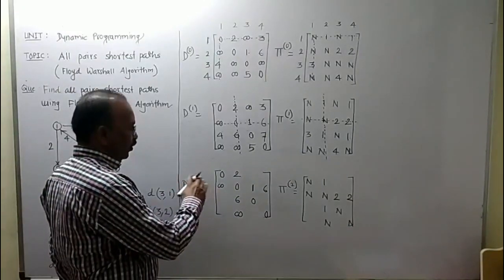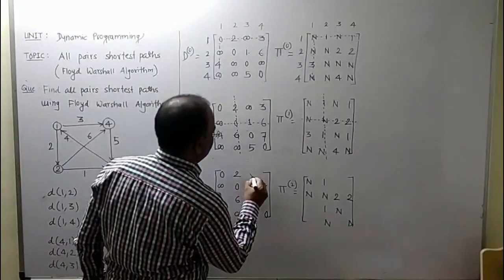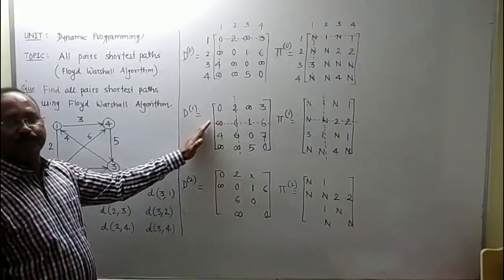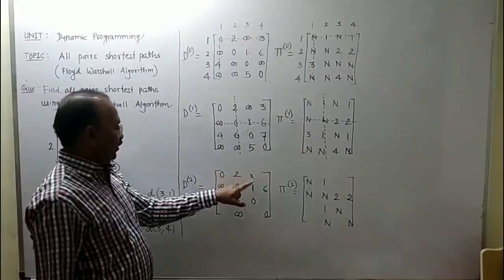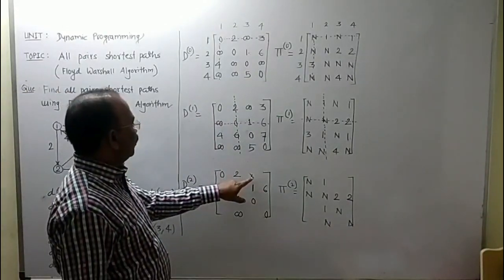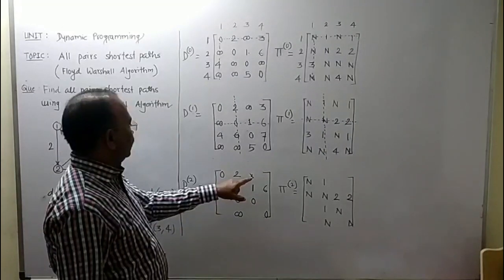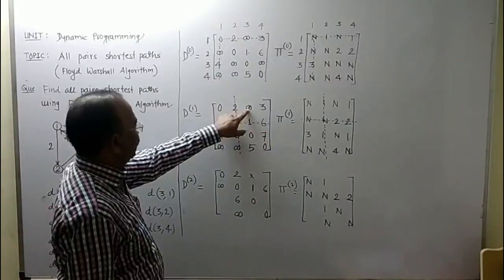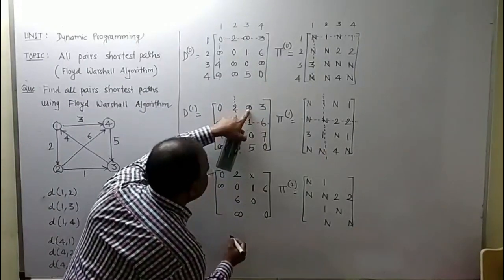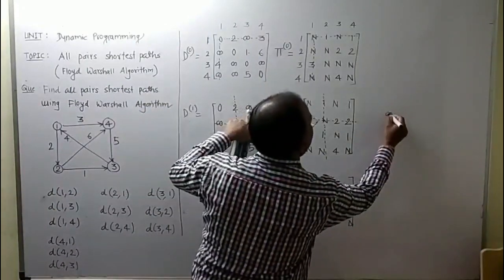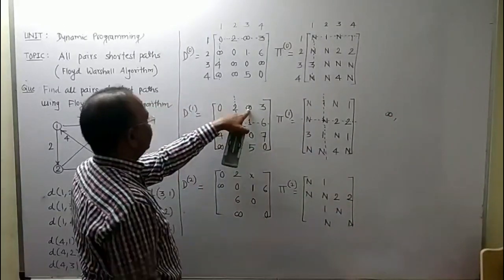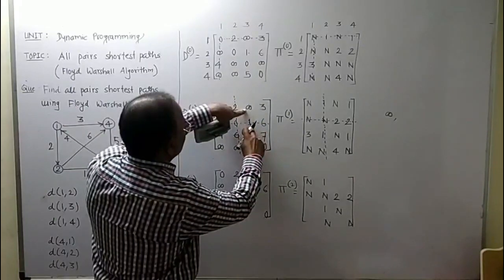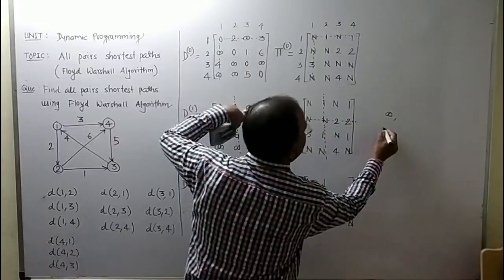Now try to find out row wise. Now we have to find out this value. For this we have to refer to the previous matrix. Here we have to trace this place in D1. Okay, this one. Here the value is infinity. Now travel down so that we reach the horizontal line. We have the 1.